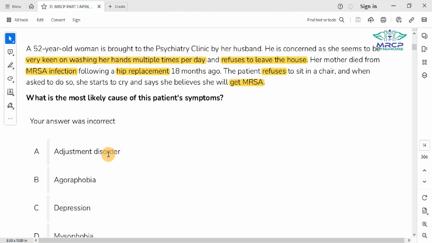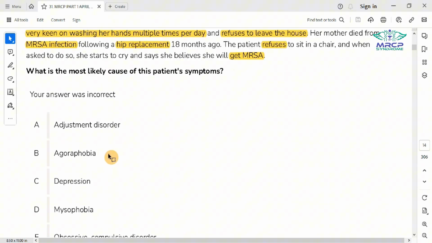In adjustment disorder, the response is usually out of proportion to what might typically be expected, and it also leads to significant impairment in social functioning. Her mother's death from MRSA is a significant stressor, but it occurred beyond the 3 month period. Adjustment disorder typically presents with emotional distress or depression. This is not related to a specific fear or phobia like mysophobia.